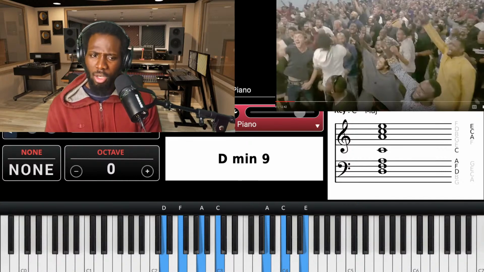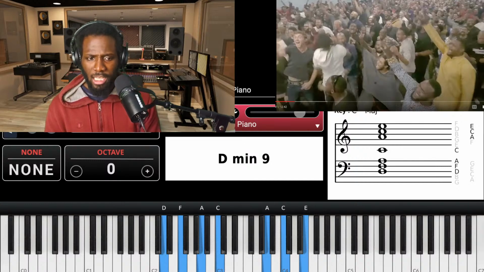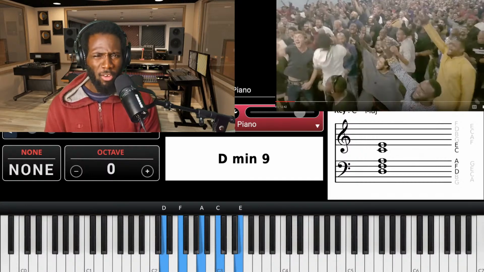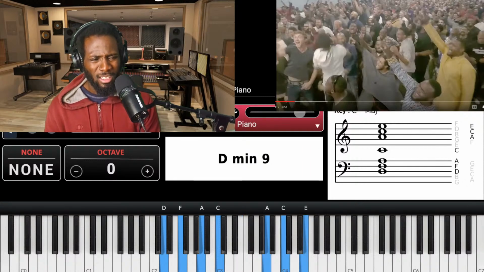But notice what's starting to take place here. You have that A that's present in both chords, both the D minor 7 and the A minor, right? You have the A that's present, and you have the C that's present. So you start realizing, okay, if I was to extend it and do a D minor 9, which is what I'm playing right here, what makes a D minor 9 and the A minor different?